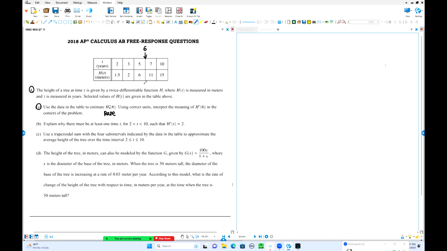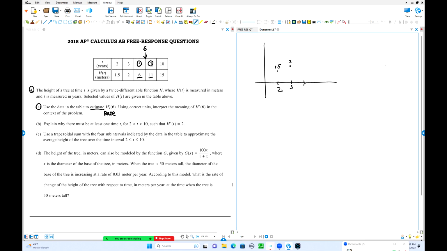But there is no data at 6. Okay, we use rate estimation. The rule to estimate this number: we use these two numbers, 5 and 7, and their y values, 6 and 11. I'm going to make a little plot over here. If this is 2, that is 1.5. This is 3, it is 2.